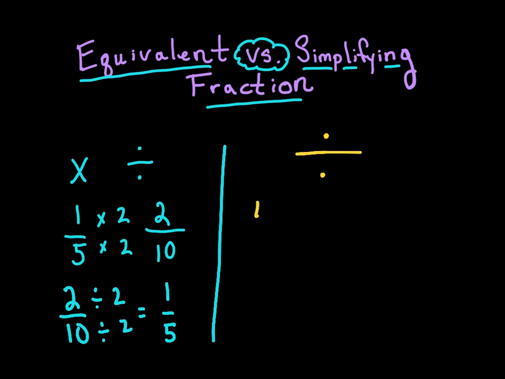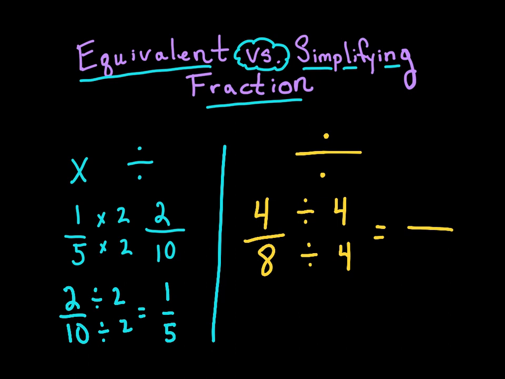So if you get a fraction that says 4/8 as an answer in a problem, and the directions say to simplify, you couldn't leave 4/8 as your answer. You would have to divide, and you would always divide by the greatest number that you could divide by. In this case, it would be 4. 2 would work, but it wouldn't be the biggest number that you could divide by.